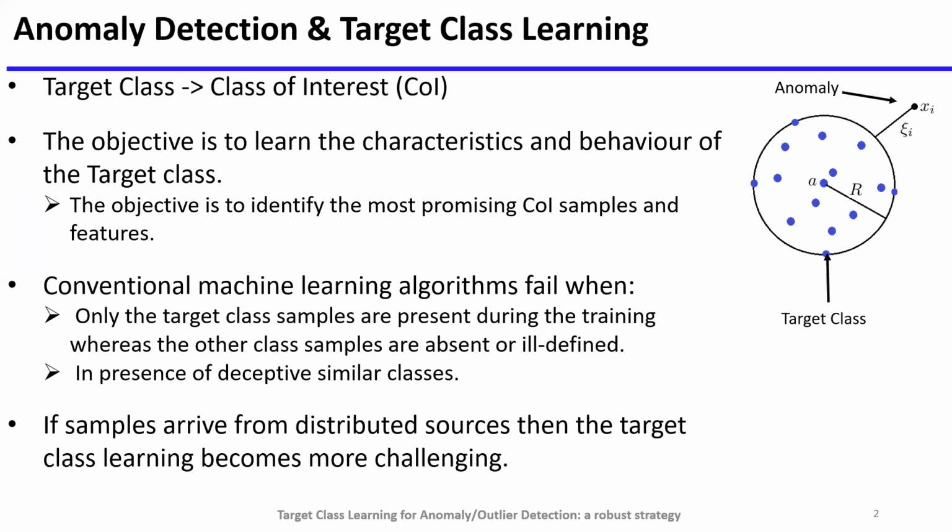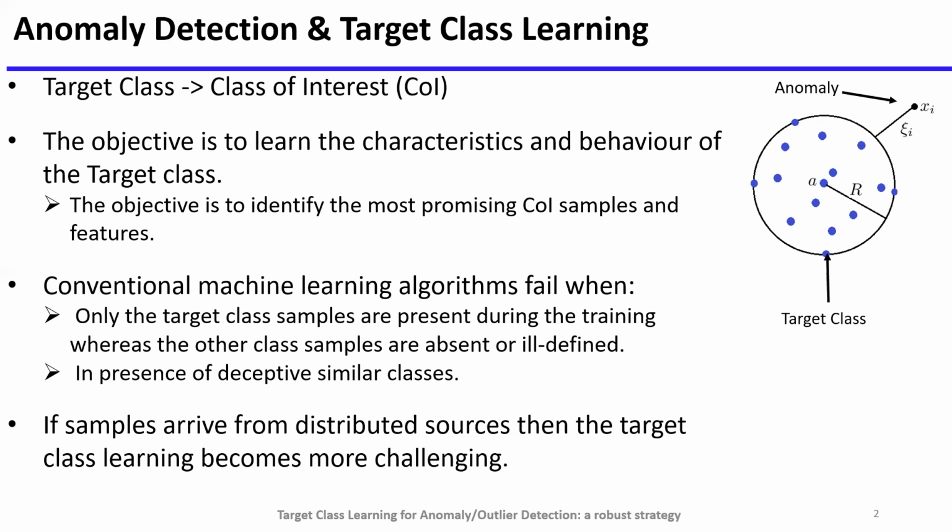So in that case, we should think about how we should learn this target class so that at a later stage of testing, we can easily identify that the incoming sample is an anomalous one and doesn't belong to the target class.